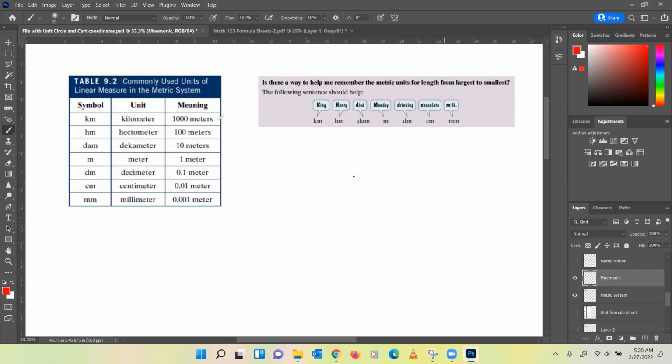The reality is we could use those prefixes in most any system. For example, I could have a dollar. I could have a decadollar or a hectodollar.